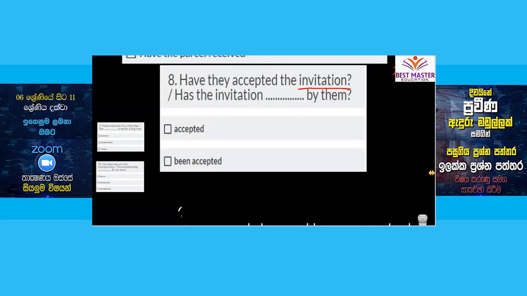It comes first in the passive. Therefore, when we make the question, we have to use has with the invitation. Has the invitation. There should be being here. Being and the verb. This is the answer.